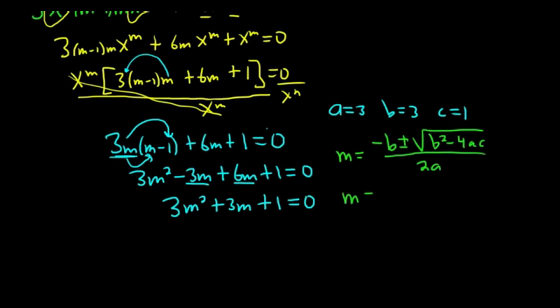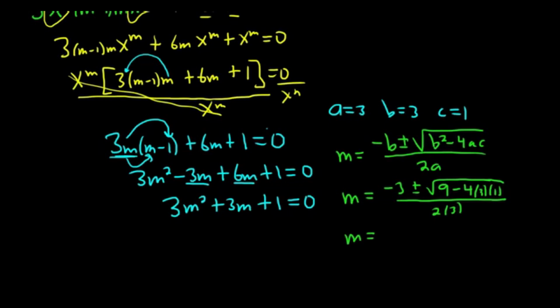Okay, so this m here is going to be, b is 3, so we get negative 3, plus or minus, and then b is 3, so when we square it, we get 9 minus 4, and then a is 3, and then c is 1, all over 2a. So 2 times 3. Looks okay.